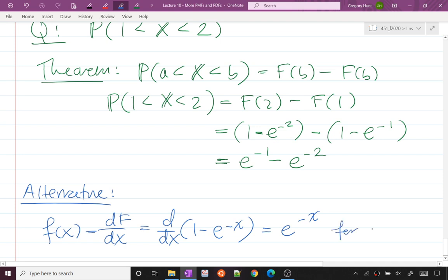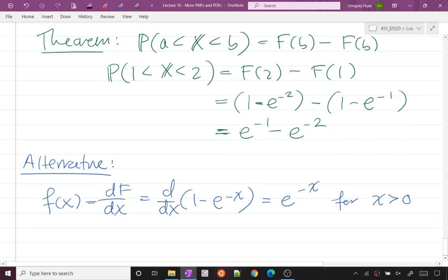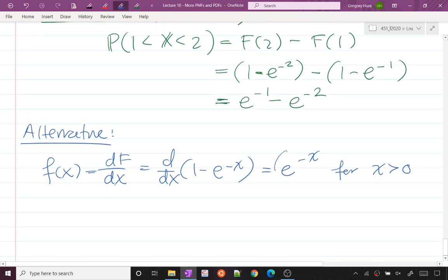And this is going to be true as long as x is bigger than 0, right? If x is less than 0, my CDF is 0, derivative of 0 is 0. So that's good.